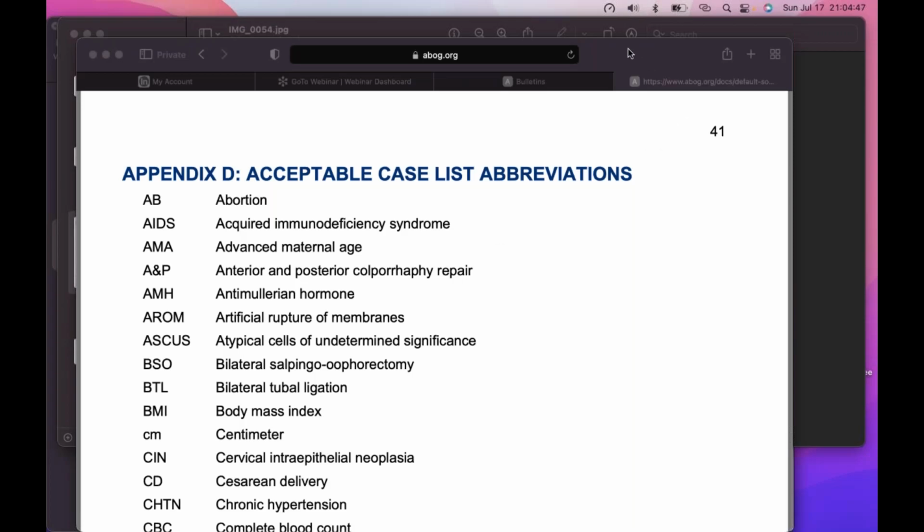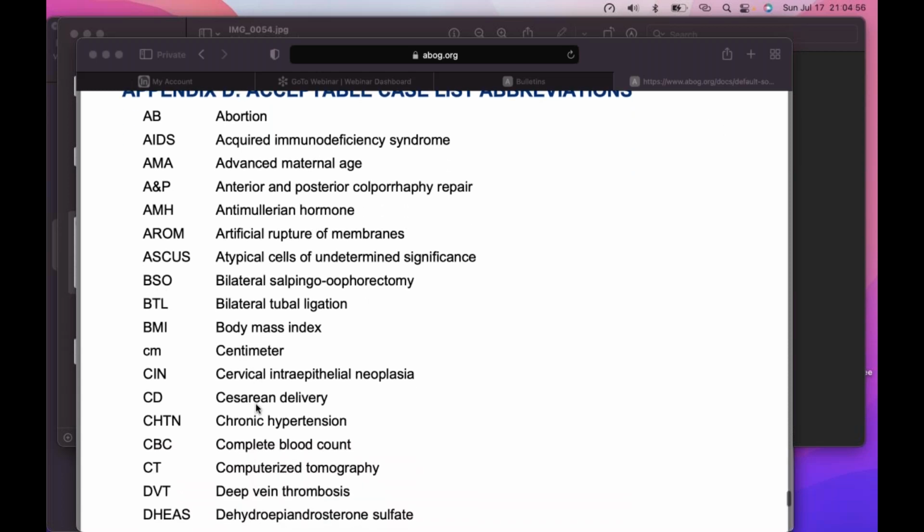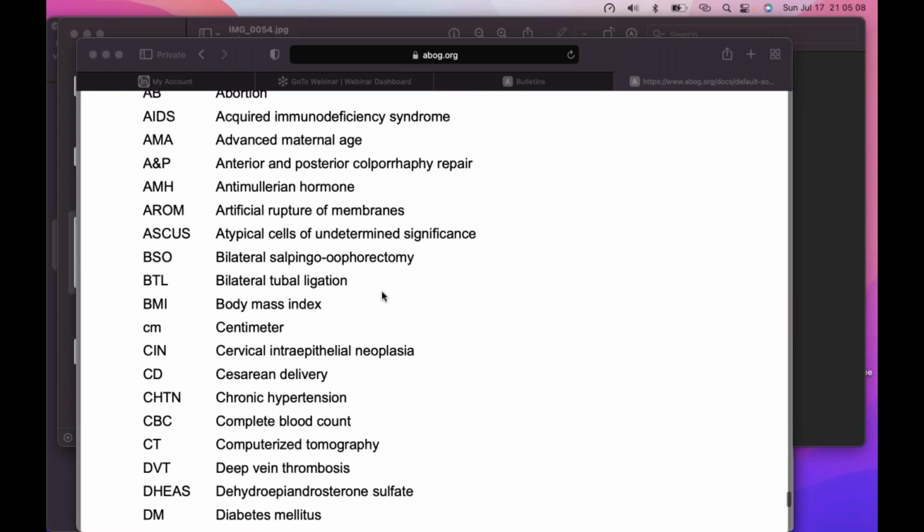Okay, I am going to show my screen again because this right here, I think is really important for you all to know and look at. And this is the acceptable case list abbreviation. And this will go back to a previous question. It looks like BSO, bilateral salpingo-oophorectomy, is really the only one. ABOG is pretty particular as to what abbreviations they do accept. Believe it or not, some years they have actually changed.